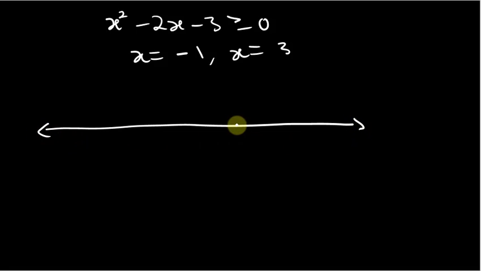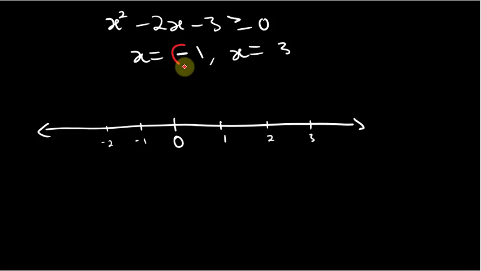Let's say we have a 0 here, we have 1, we have 2, we have 3, and -1, and -2.